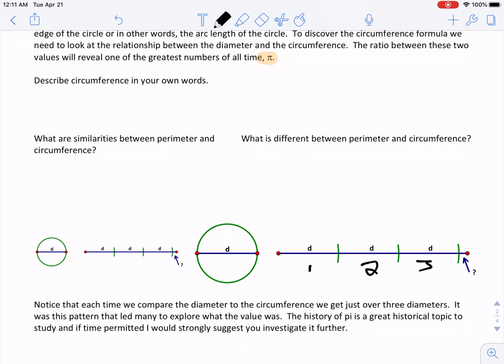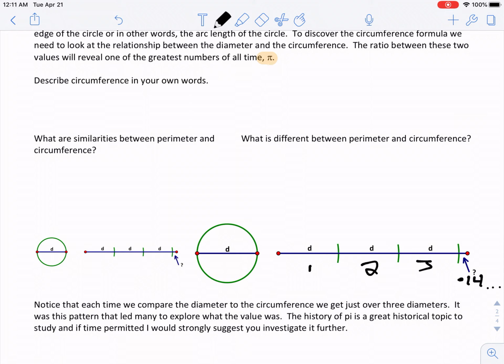So if we cut the circle and made it a straight line, it takes just over 3 diameters to fill it. It actually takes, this little extra part is 0.14, with a lot more coming after that.